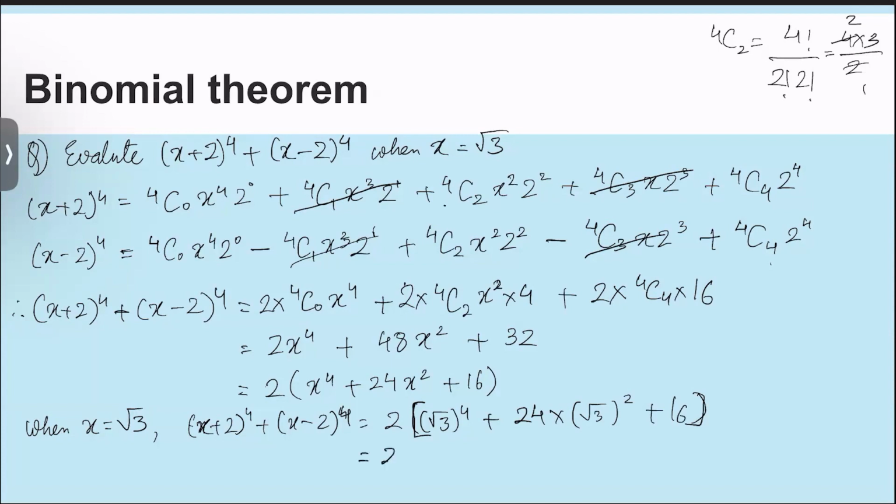So this is 2 into 9 plus 24 into 3. 24 into 3 is 72, and plus 16. So what you get over here is 2 into 97, and the final answer that you get is 194. This is how you can evaluate such kind of expressions.